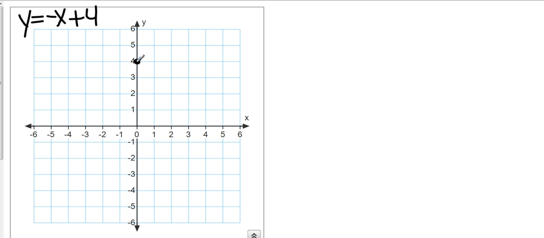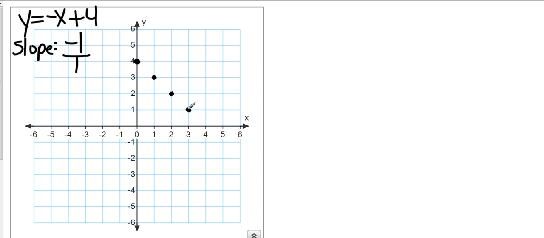Now my slope, the number in front of the x is negative, so that makes it a negative 1. And I want to write that as a fraction because I want rise over run. Rising negative 1 means I fall, and running 1 in a positive direction means I go to the right. So down 1 to the right 1, down 1 to the right 1.